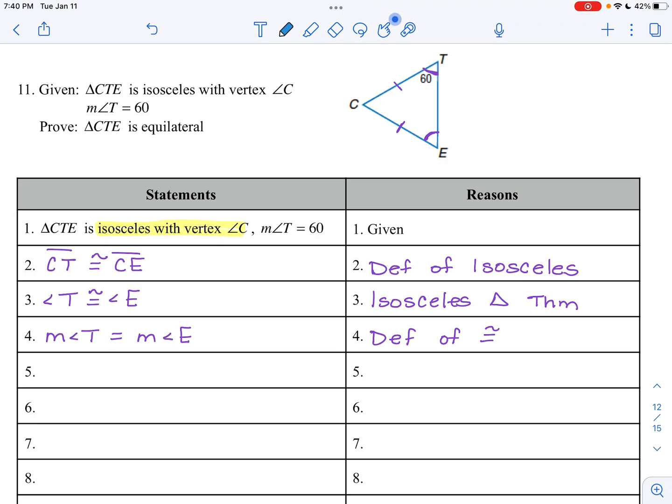So I'm going to focus in on the three angles of the triangle. If I add up angle C, angle T, and angle E, they must have a sum of 180 degrees. That's because of our angle sum theorem.